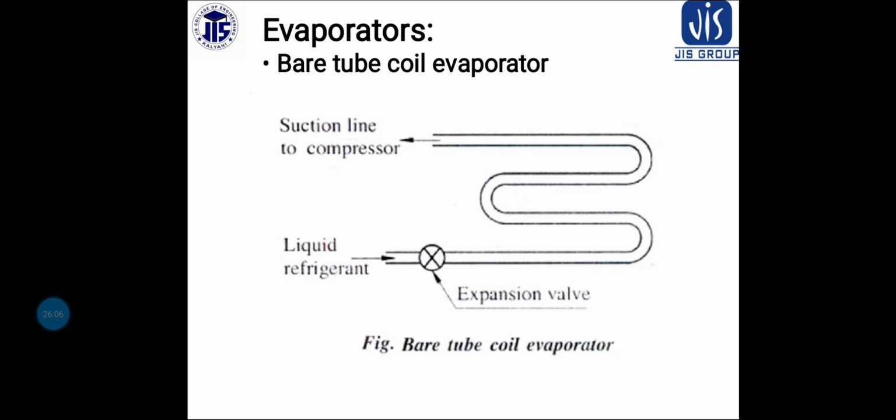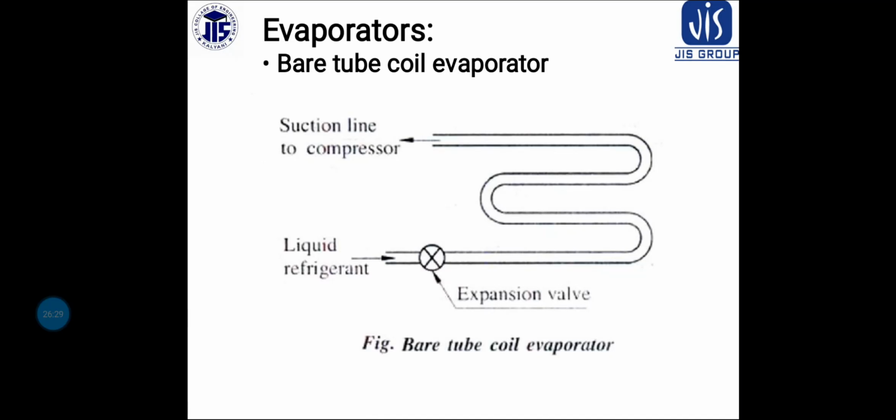After dry expansion we will be discussing the bare tube coil evaporator. So what is a bare tube coil evaporator? This evaporator is usually constructed of either steel pipe or copper tubing.